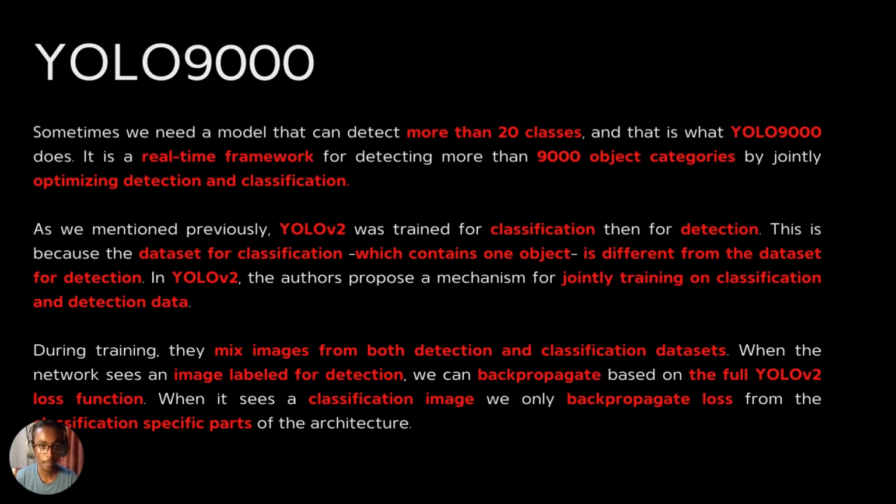For classification, we use the ImageNet dataset, and it only contains one object per image. And for detection, we used Pascal VOC or COCO, and it's going to contain multiple objects within the same image. In YOLO9000, the authors propose a mechanism for jointly training on classification and detection data.